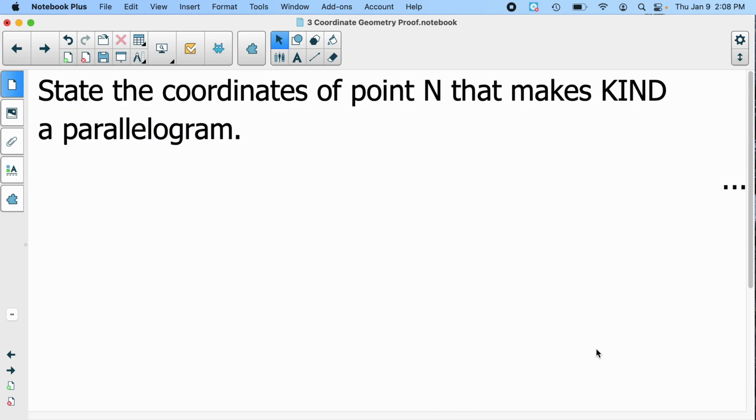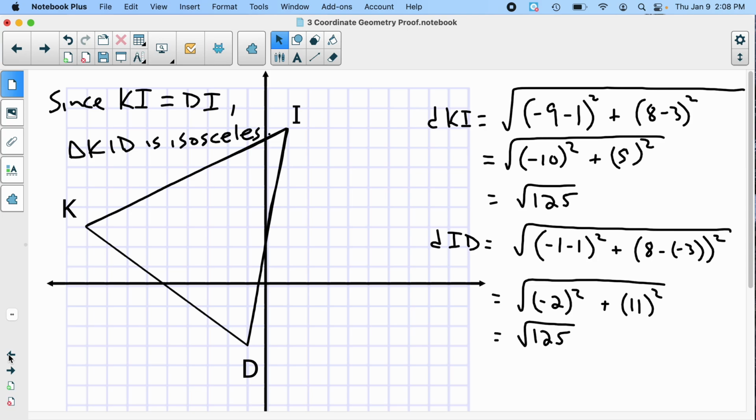So what's going to happen now is we're going to try to state the coordinates of point N. That's going to make KIND a parallelogram. So I'm going to go back to my grid for a second and think about that. I'm going to make this into a parallelogram KIND. So it's got to go KI, whoops, hold on. Let's get a different color there.